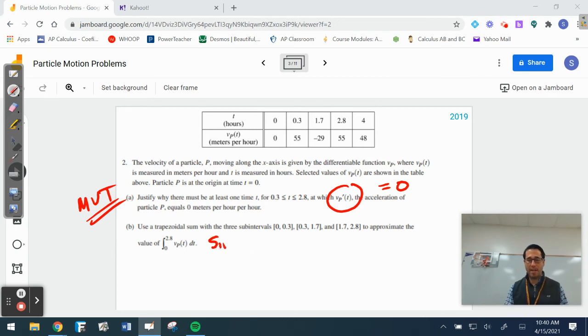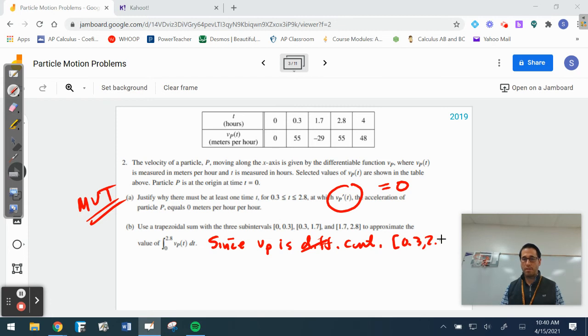So I start this by writing since V of P is differentiable on the open interval, start with continuity, is continuous on the closed interval, and differentiable on the open. Remember, if you have this statement down pat, when it comes up in a free response, you're golden, all right?